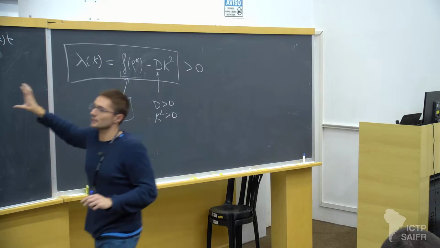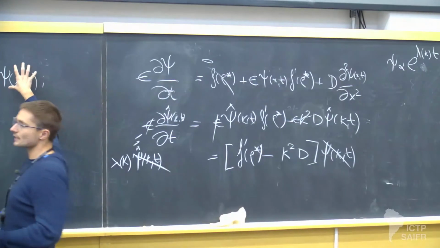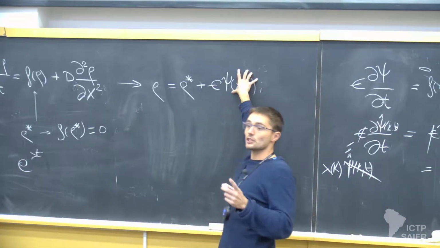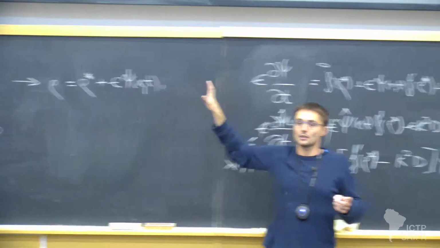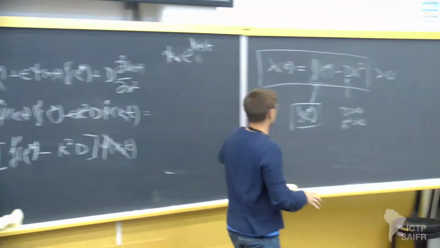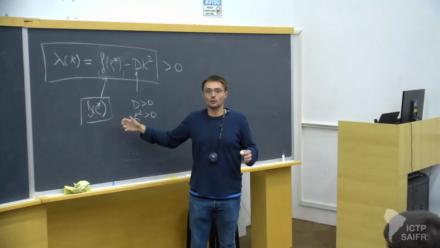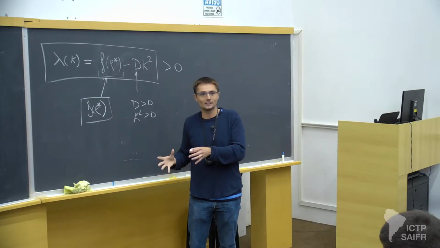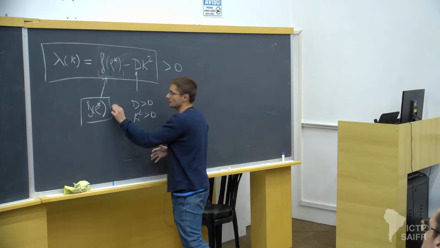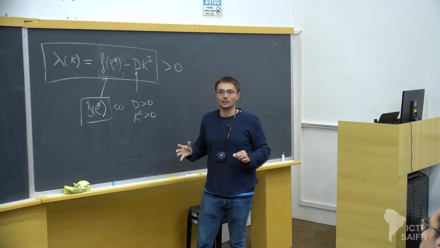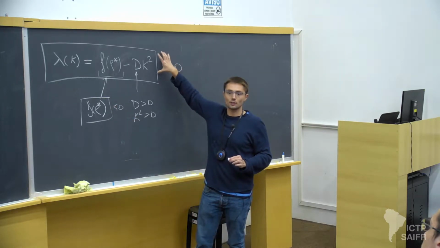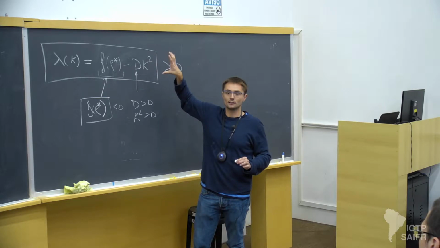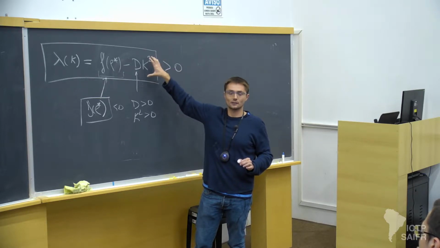Because if I do this linear stability analysis with a perturbation that does not depend on space, that was the condition that I got the first day. So if my solution is stable against perturbations that do not depend on space, then this also has to be negative. And therefore there is no way for this to be positive in the conditions that I am studying so far.